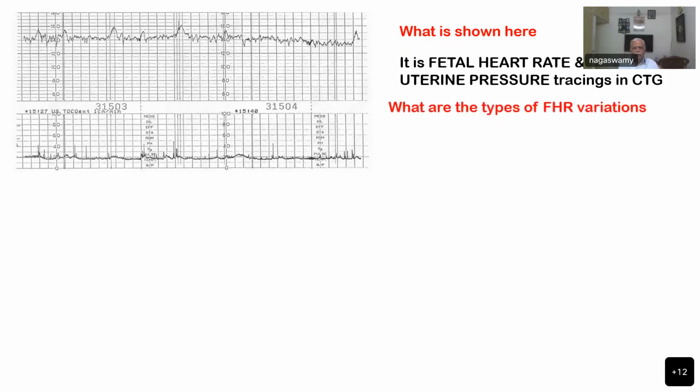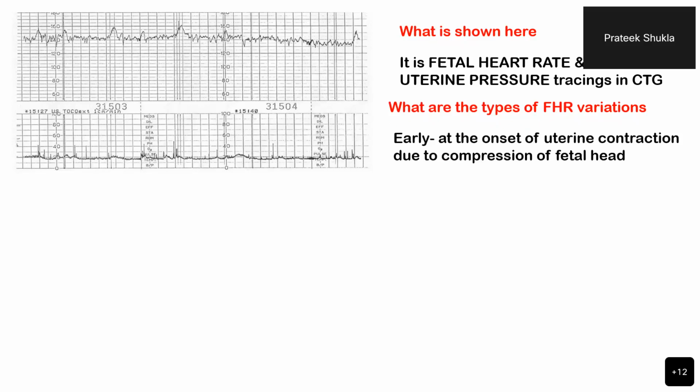What are the types of fetal heart rate variations? Acceleration and deceleration. Early, at the onset of uterine contraction, due to compression of the head, you may get a bradycardia, which is called early deceleration.